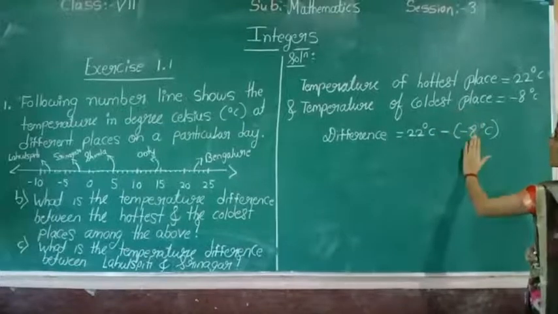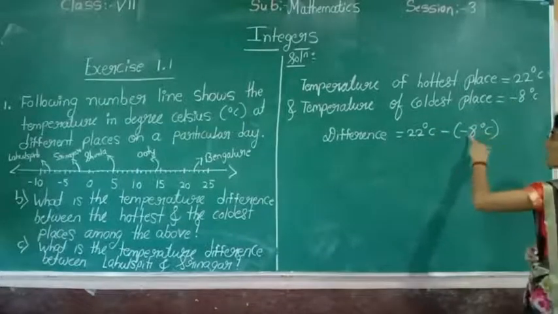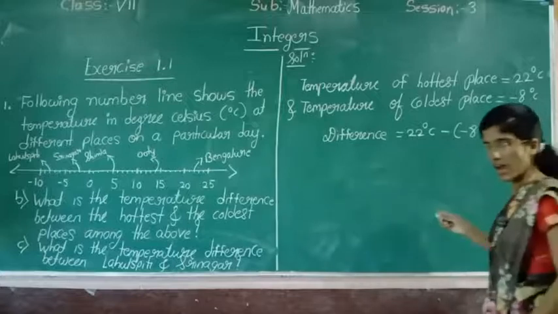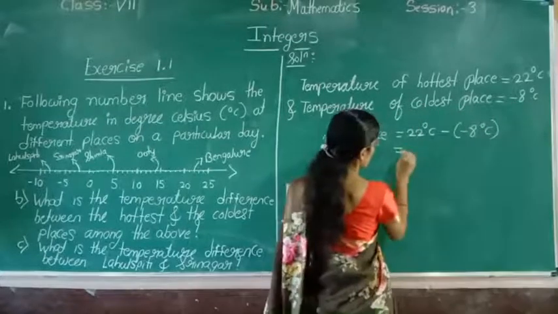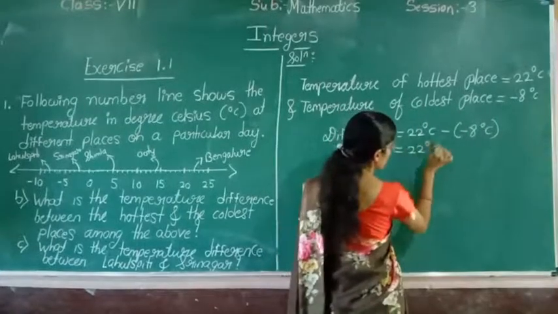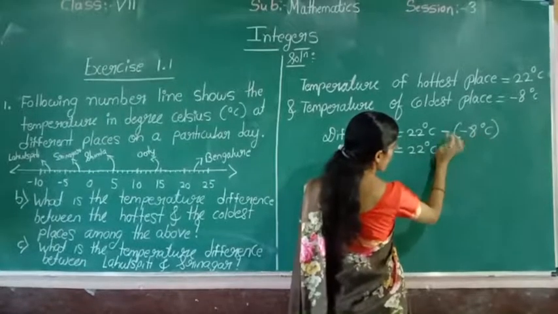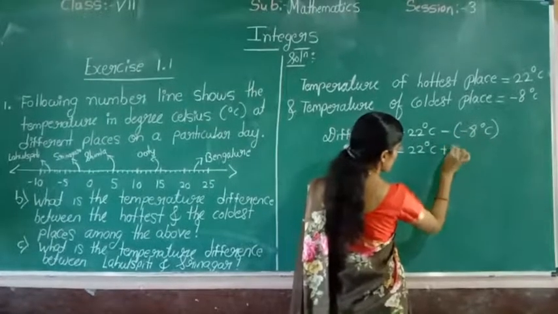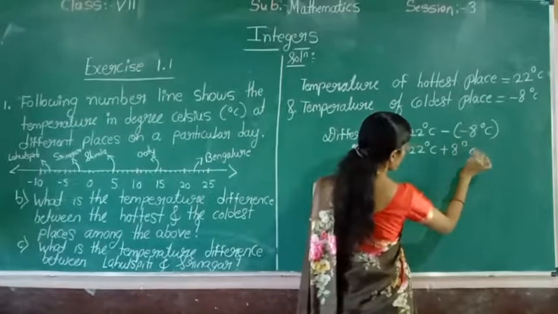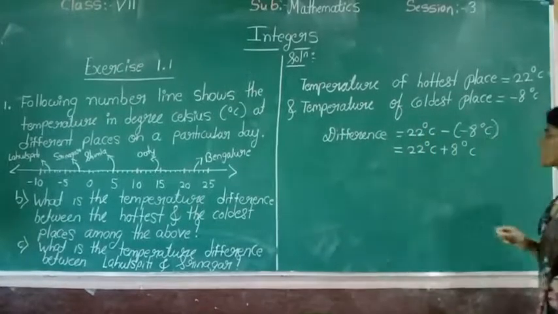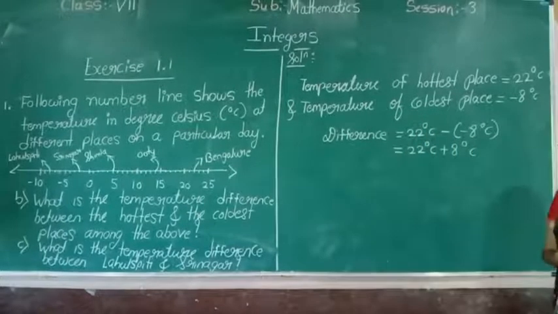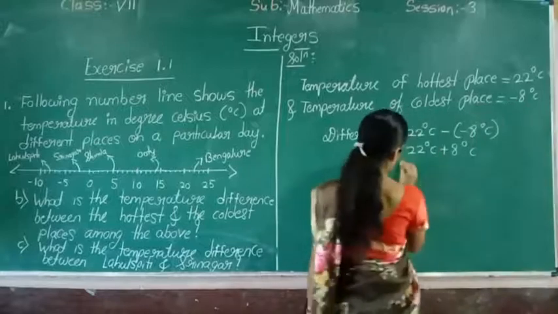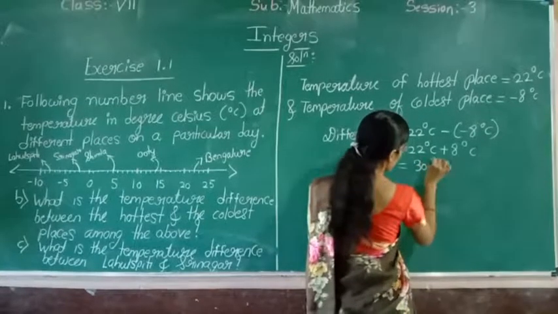Now, as I told you how to solve integers, we remove the bracket: minus of minus 8 becomes plus 8 degrees Celsius. What is 22 plus 8? It is 30 degrees Celsius.